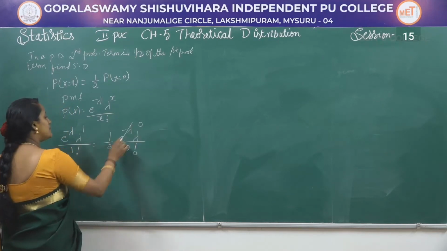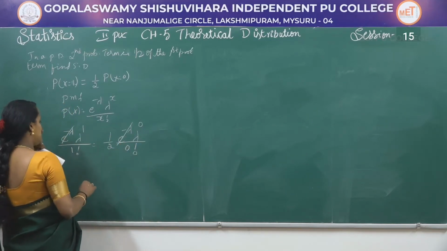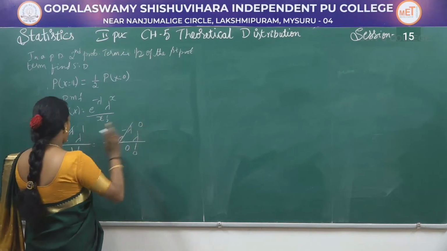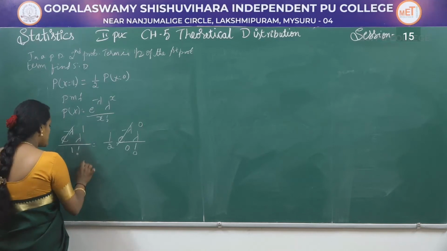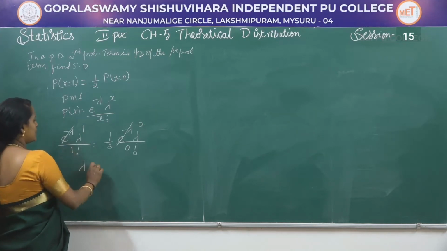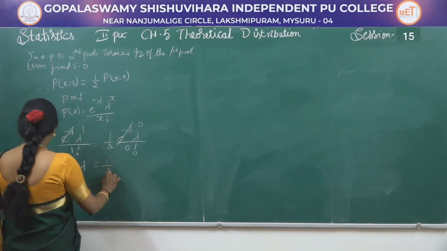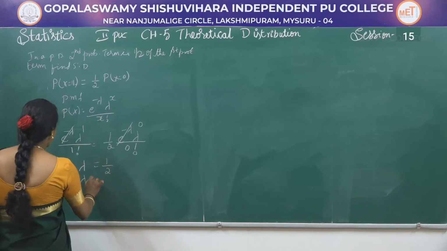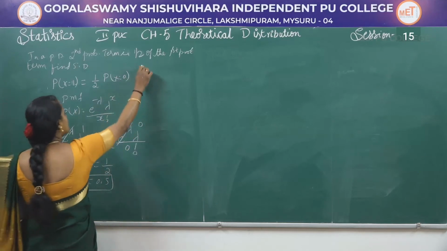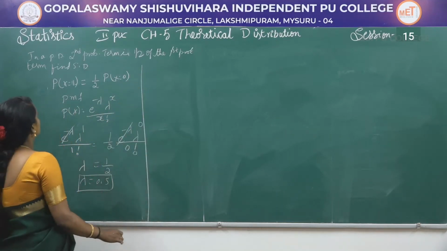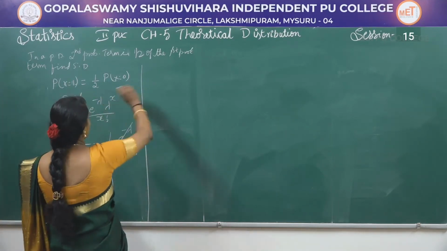By simplification, these two will get cancelled. Here lambda power 0 is nothing but 1, 0 factorial is also 1, and lambda power 1 is lambda only, 1 factorial is 1. This is equal to half. So lambda is equal to 0.5. Next we can find the value of standard deviation.